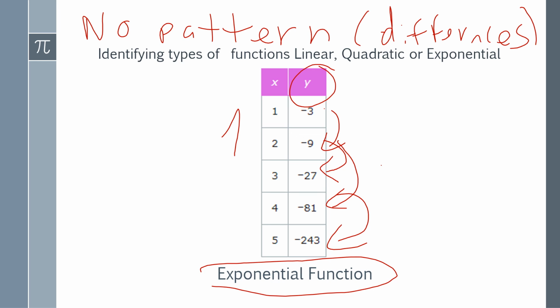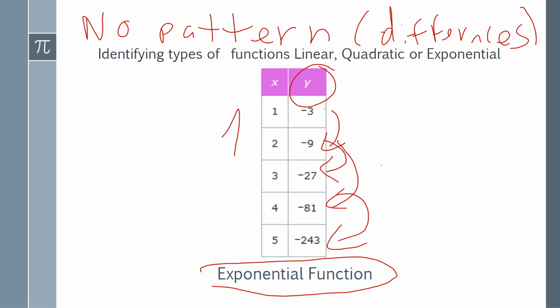So let's go ahead and move on. And again, with this, find an exponential function from a table, or identify an exponential function given the table. You know when you try to find a pattern twice, there was a distinct pattern for the quadratic. However, let me get back to what I was talking about before I move on. So I went from 3 to 9, I doubled. And then I went from 9 to 27, I tripled.